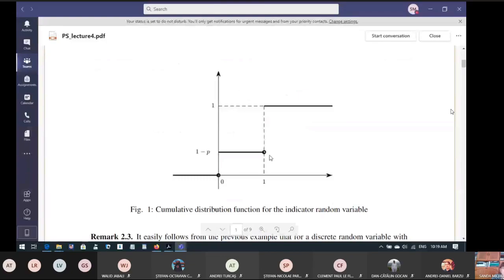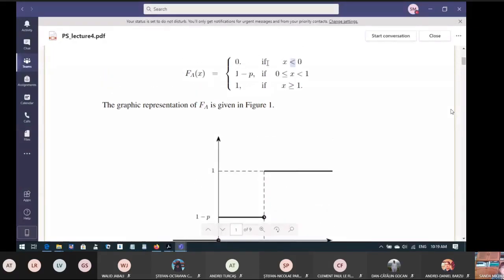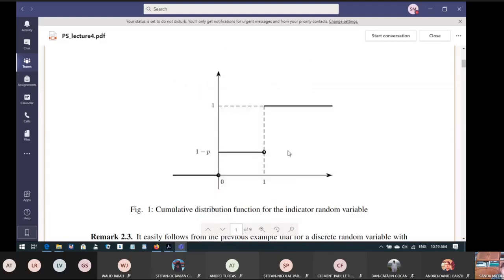Notice I put those little circles to show at these points where we have discontinuities, these jumps in the graph, which of the two points actually belong to the graph, right? So the value is not the one coming from the left, but coming from the right. Of course, that only matters at 0 and at 1.